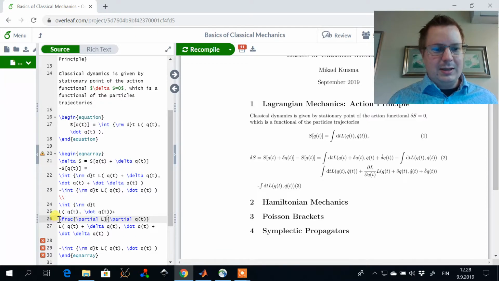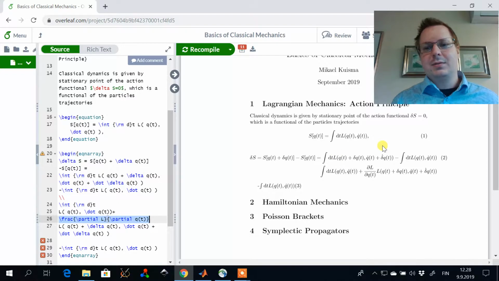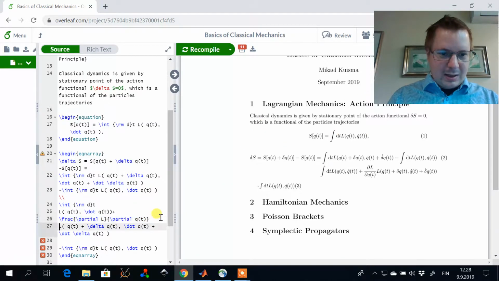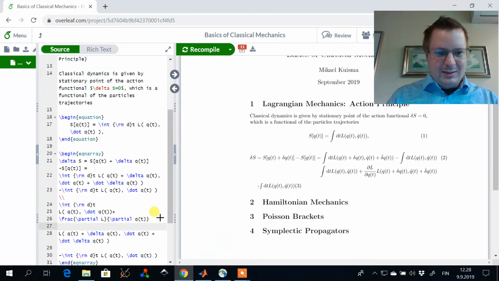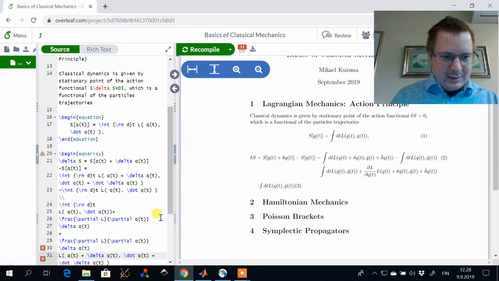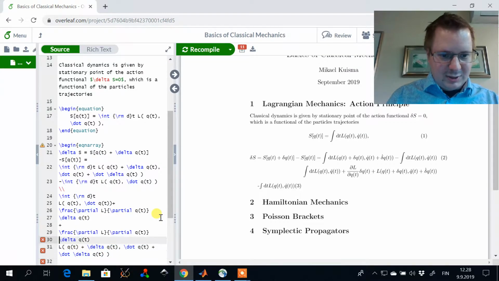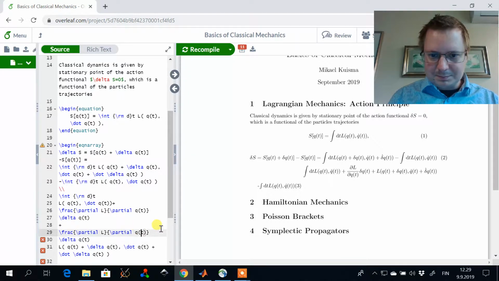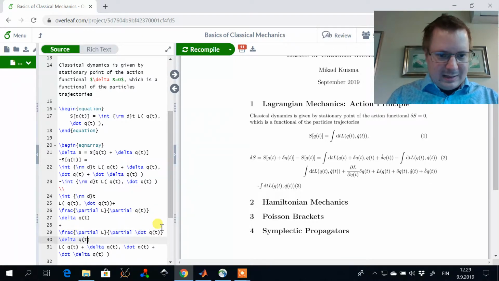It has only something to do with how you defined L. So if you get confused, you should think of L with two arguments, a and b, and then write L with this a and b, and then take these derivatives. I'm only explaining this because this is where I had confusion when I was a student. So now we take the partial derivative of L with respect to its first argument, and then with respect to its second argument.